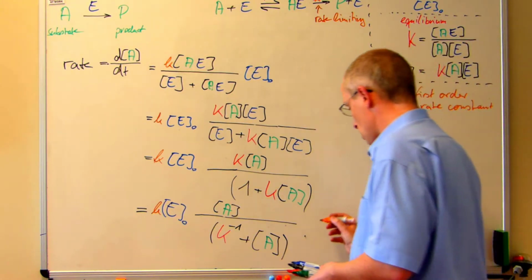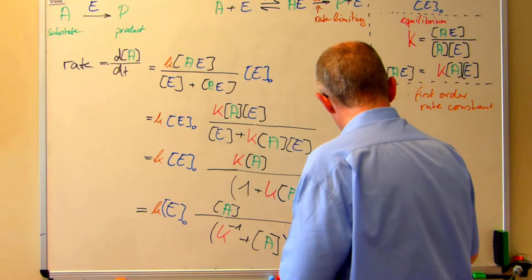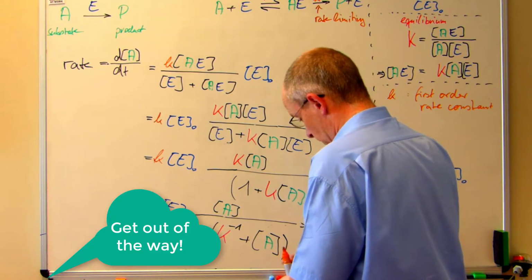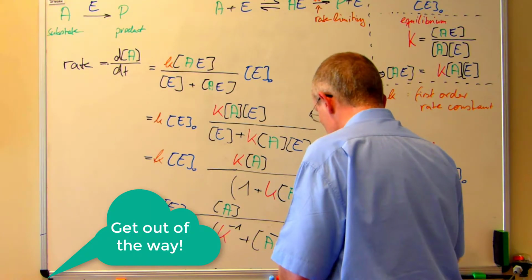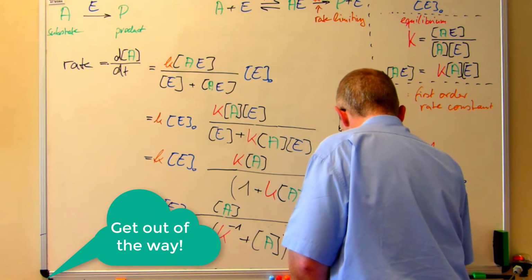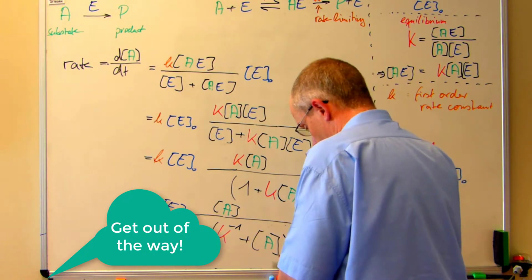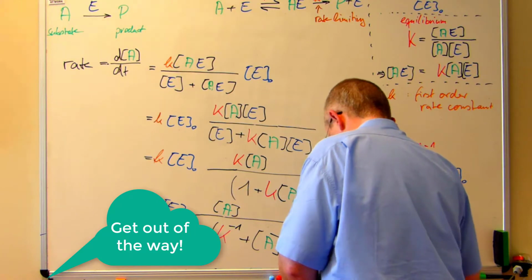Then you can state, and that is something which you can do, but you don't have to, then you get to a very familiar form of this equation, which is limiting rate times concentration of A divided by Kn plus concentration of A.